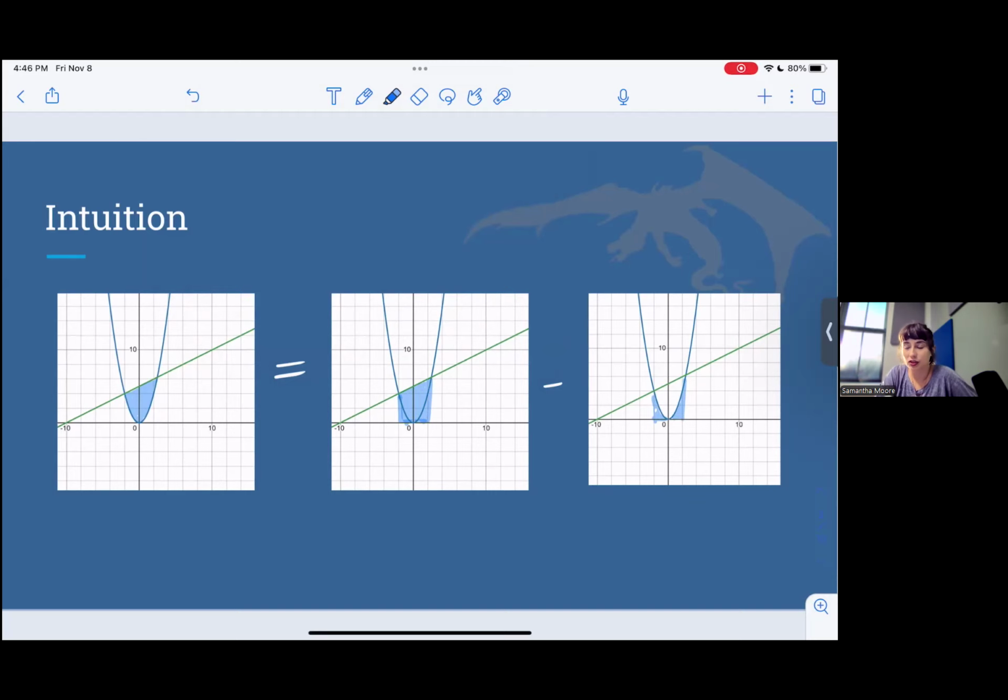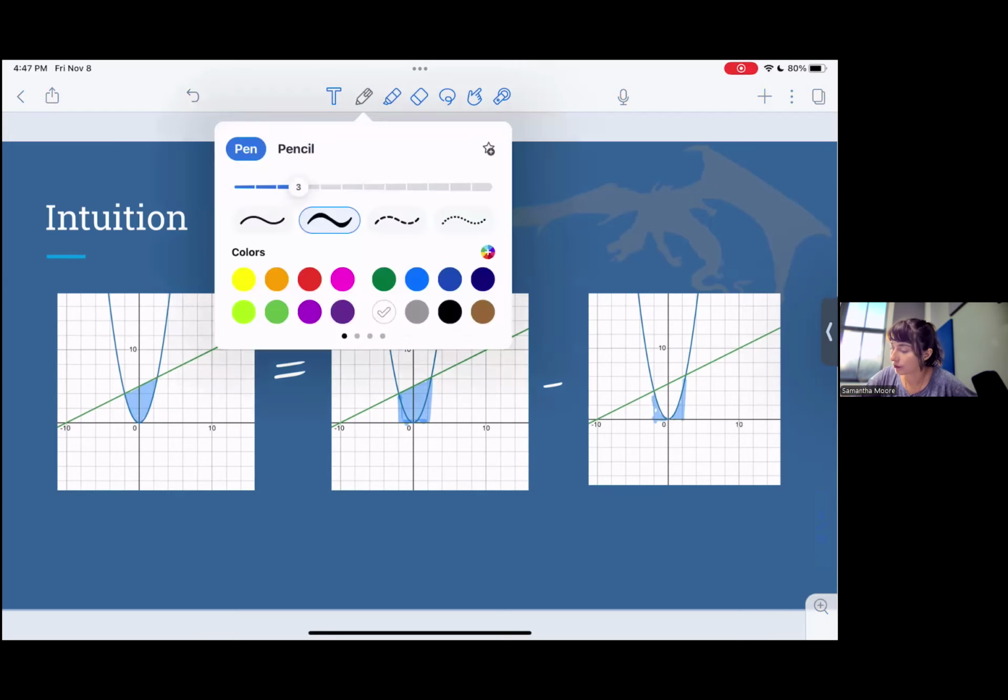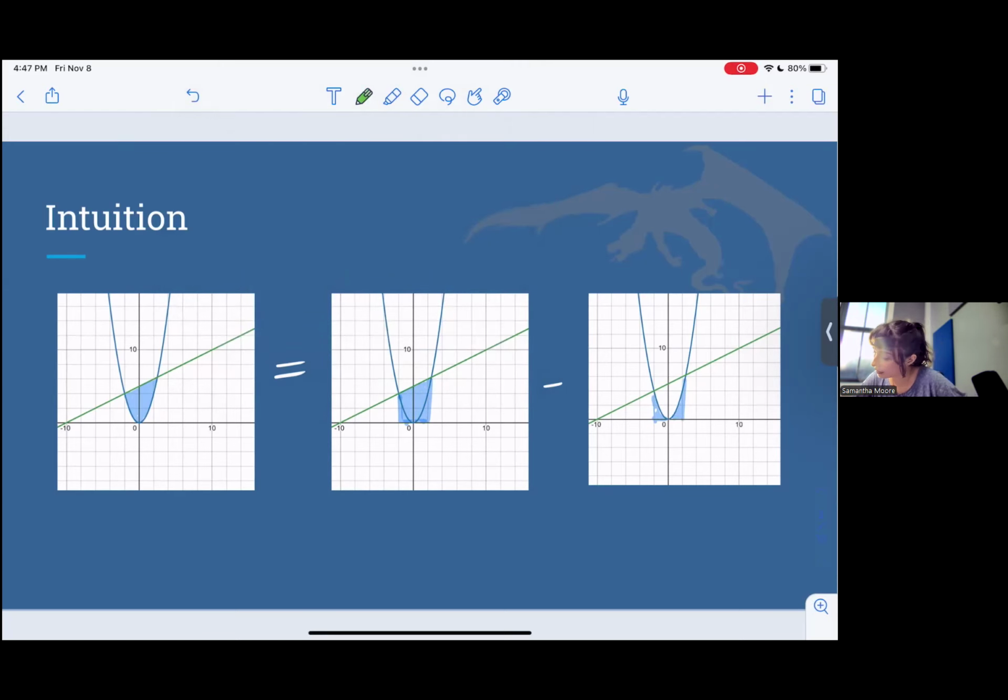And if we look at these two pictures on the right, these are things that we already know how to handle.